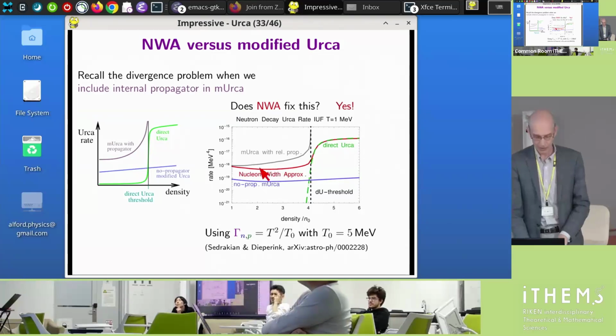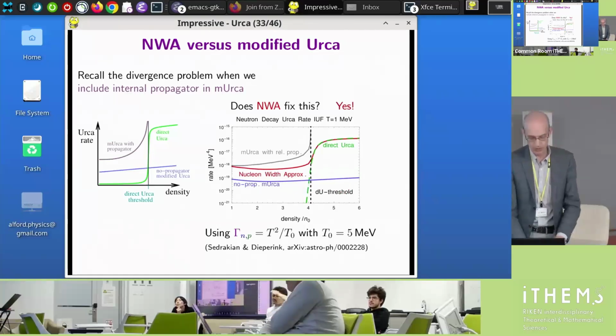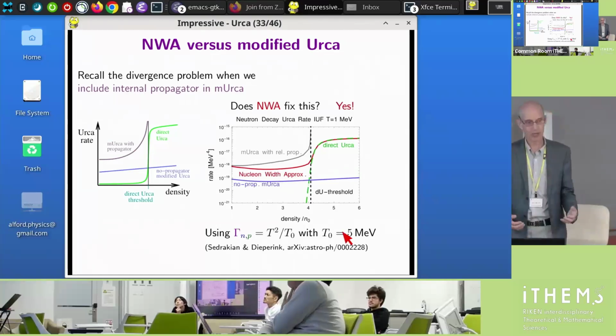Below threshold it agrees quite well with the calculation that includes a relativistic propagator in the modified Urca diagram. They all disagree with the traditional standard no-propagator modified Urca. This uses a very simple width from Sedrakian and Dieperink some years ago, who estimated that the nucleon width would go like T squared over T naught, roughly independent of the density.